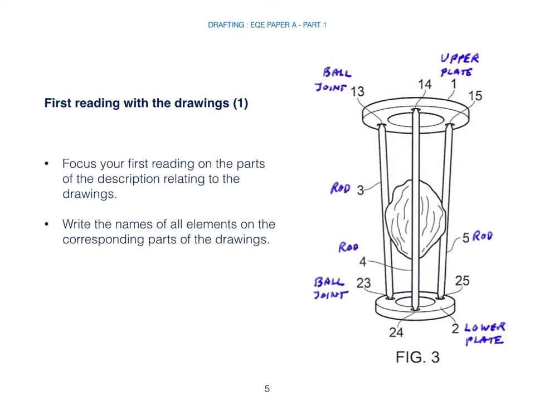Figure 4, which is the next drawing, shows what happens when you turn the upper and lower plates relative to one another. The rods get inclined and squeeze against the walnut, and you can see in figure 5 that when the plates are further turned, the rods further compress the walnut until it is cracked.